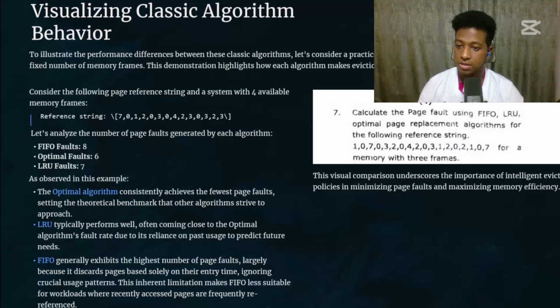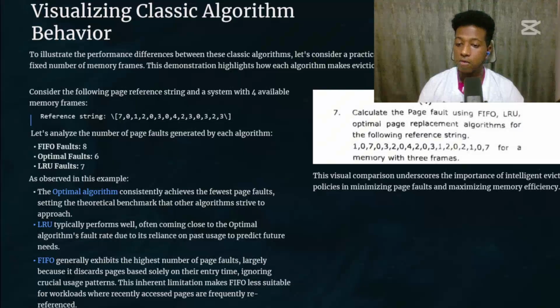As observed in the example, the optimal algorithm consistently achieves the fewest page faults, setting the theoretical benchmark that other algorithms strive to approach. LRU typically performs well, often coming close to the optimal algorithm's fault rate due to its reliance on past usage to predict future needs.